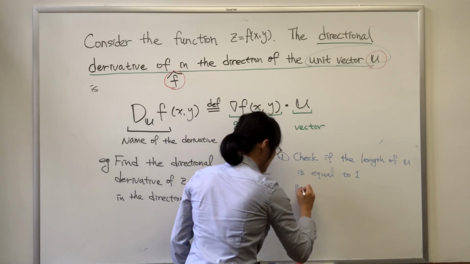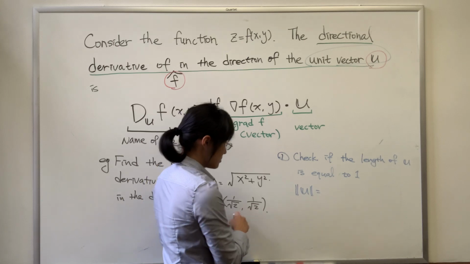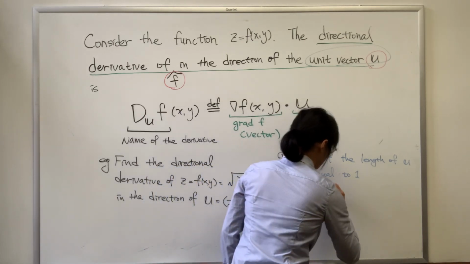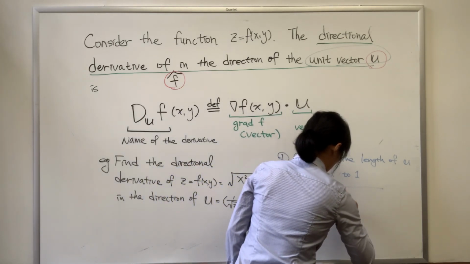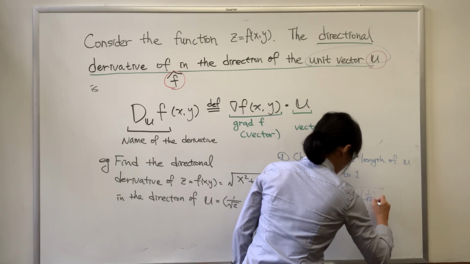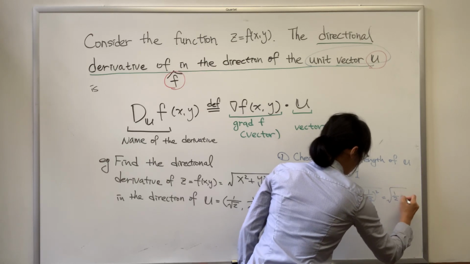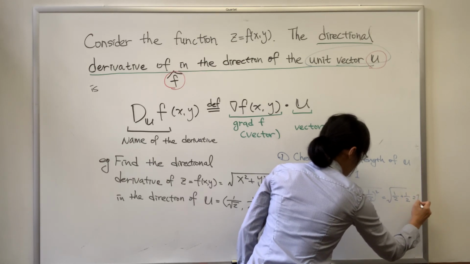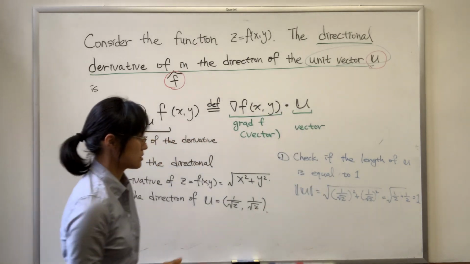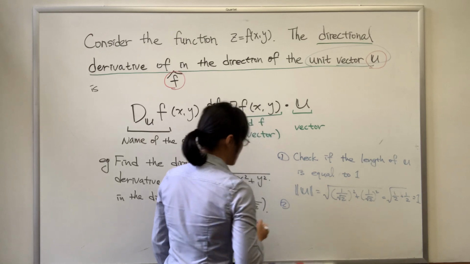So let me go ahead and find the length of u. That's the square root of 1 over root 2 squared plus 1 over root 2 squared. This is equal to the square root of 1 over 2 plus 1 over 2. Good, that is equal to 1. The square root of 1 is equal to 1. All right, so now we're good.